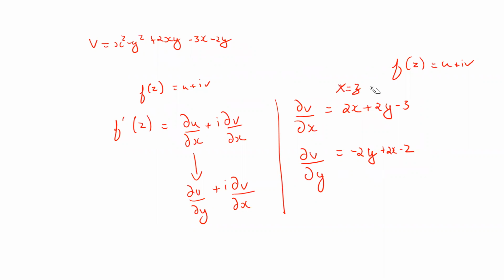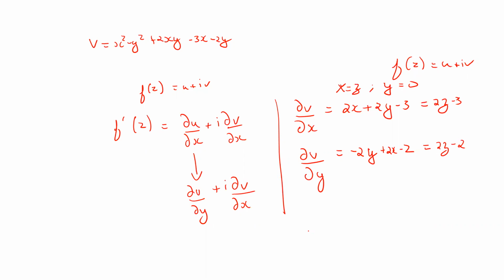This is the Milne-Thomson method for constructing an analytic function. So this is how the method goes. This expression now becomes 2z minus 3, and this one becomes 2z minus 2. Now we are ready with f prime of z.